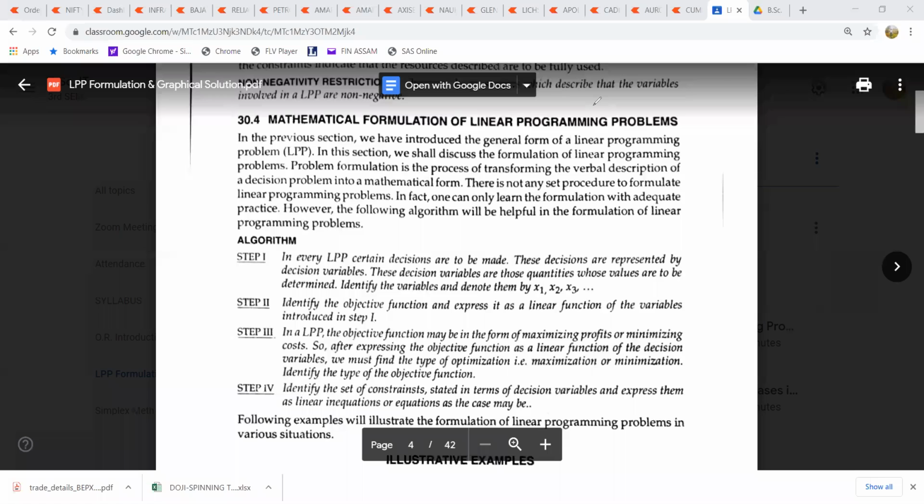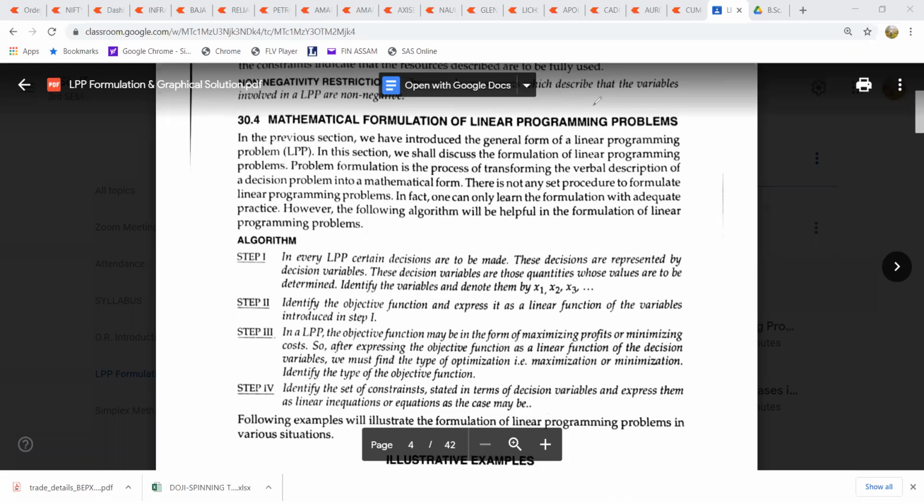Now the next step: you need to write the objective function. Obviously you have already considered the variables, whatever variables will be used in that problem.